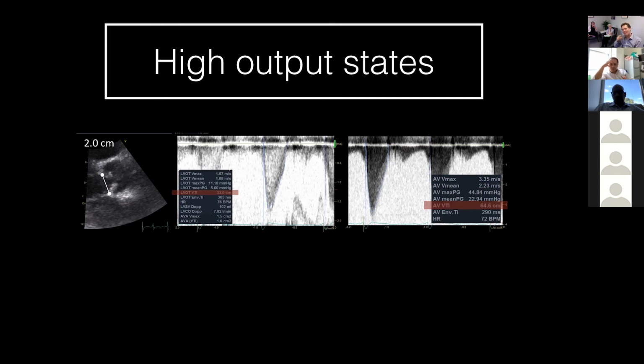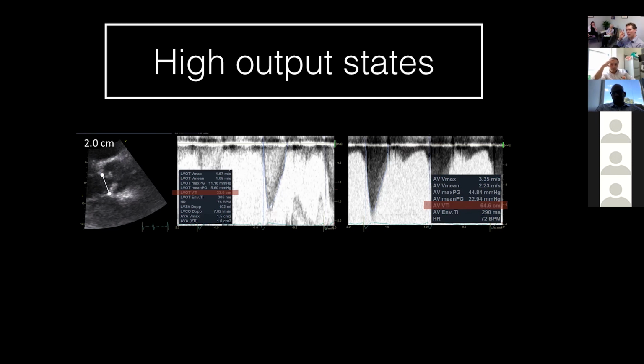So rather than that one, let's say with this one, how would you figure out, with this high cardiac output state, tell me how you would figure out the aortic valve area. Basically the precise one would still be to have the dimensions indexed. Sorry, how would you use the continuity equation?